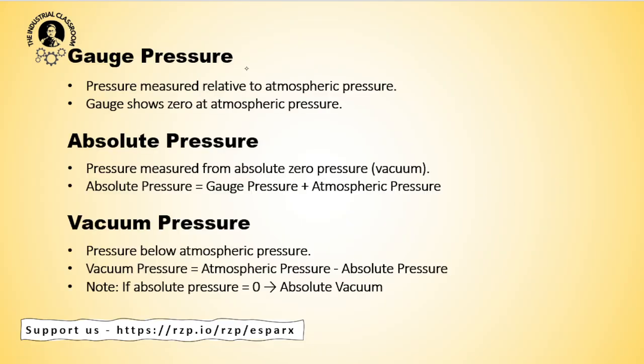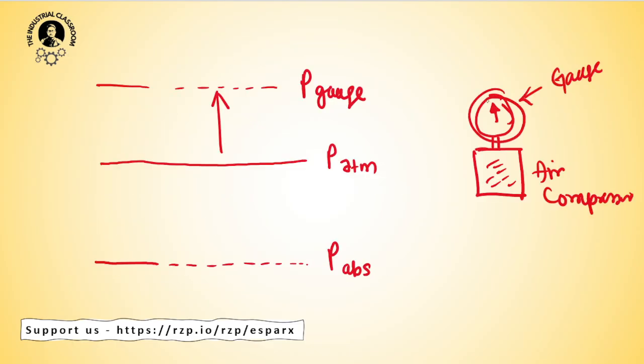So here what you see, gauge pressure is the pressure measured relative to atmospheric pressure, meaning compared to atmospheric pressure. Gauge pressure always shows zero at atmospheric pressure, meaning for this gauge pressure, this PATM is zero. When we go to P absolute, the gauge pressure will be minus, so we won't consider it because this meter reading will not go negative, right?